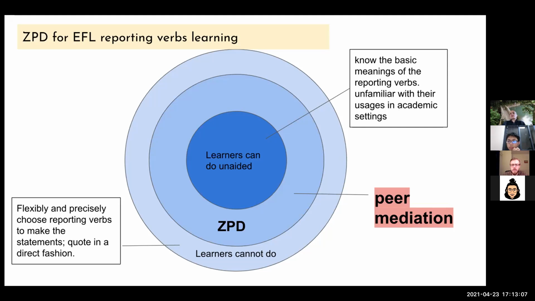At the ideal level, we expect our learners to flexibly and precisely choose the reporting words to make their statements or to quote in a more direct fashion. And in between is the ZPD that we decided to help them learn through the process. This is also where we argue that peer interaction should be able to play the part of mediation here.